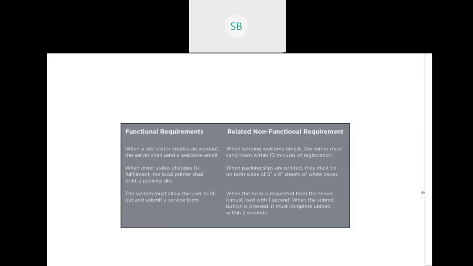Non-functional requirements are some additional features that enhance the quality of the functional requirements, because functional requirements are the basic features given by the user to the developers.